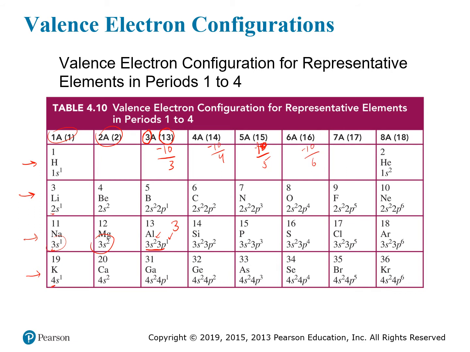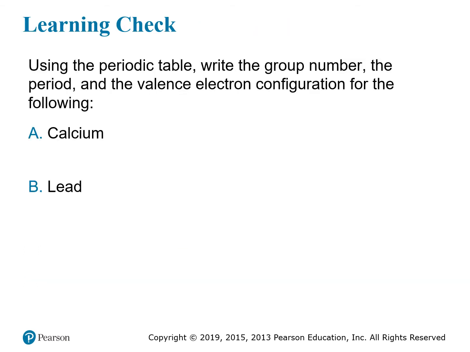Or more easily, we just look at the number in the old group number. Right? Obviously, we drop the A. So, from the periodic table, you should be able to identify how many valence electrons there are in any element, right? And you just do it by looking at the group number.